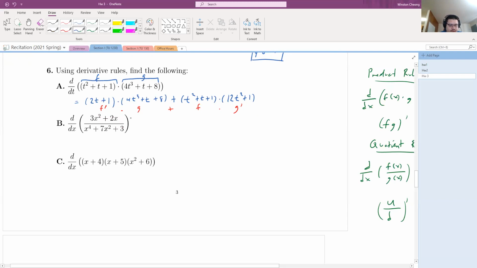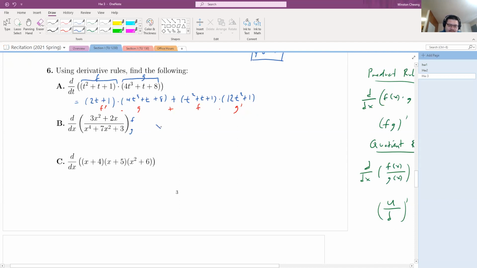So this guy on top is my f, this guy on the bottom is my g, and we're going to recall what the quotient rule says. So I'll try to do it in the standard order. So f prime g. Yeah, see, I really don't like that order. I'm going to do it in my order. Forget that. Okay, I'm doing it in my order.